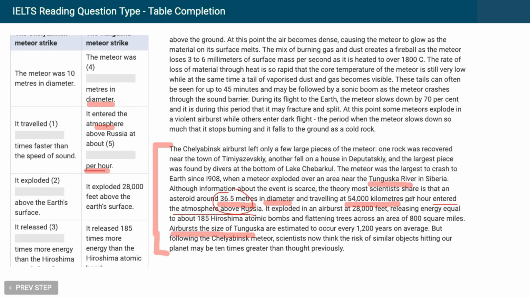So the fact that I see per hour also here brings me to this lovely number, 54,000 kilometers. And so again, we were aware that it would be a number, but it also makes sense that it would be kilometers because it's kilometers per hour. So we have our answer also for number 5, 54,000 kilometers.